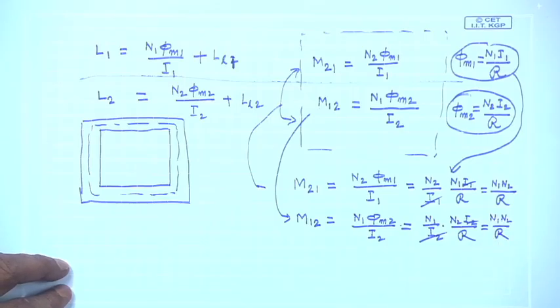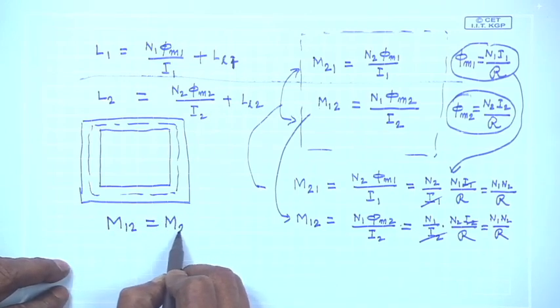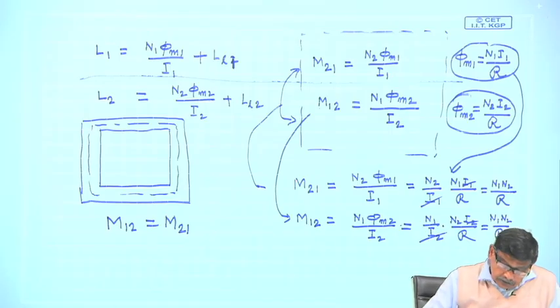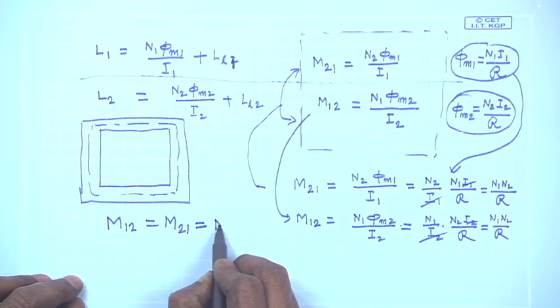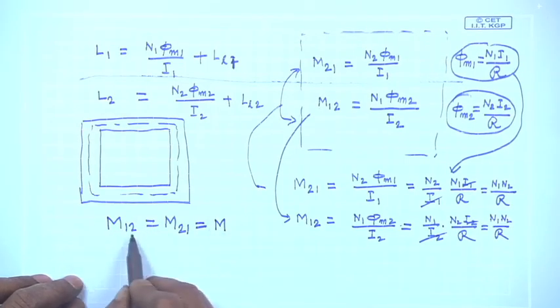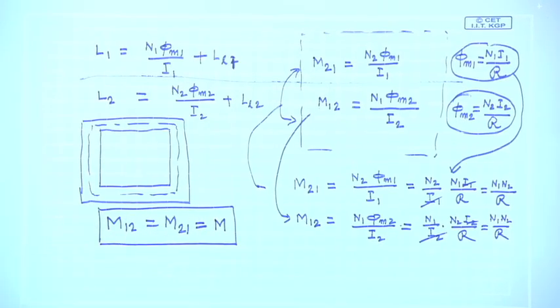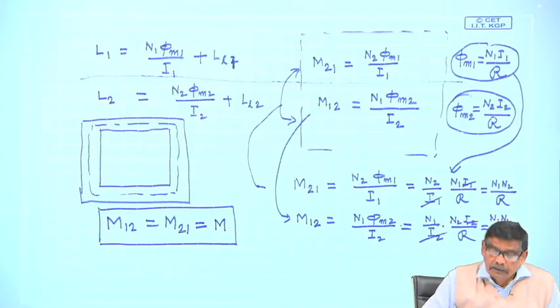So, what is the conclusion? M 1 2 is equal to M 2 1. This is a very important thing. There is no reason to distinguish between these two, provided these two coils share the same magnetic circuit. Therefore, the mutual inductance can be represented by a single number M, with no suffix. Of course, for self inductances we have to use L 1 and L 2.